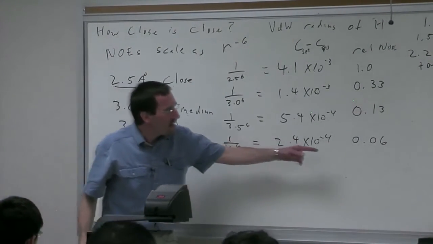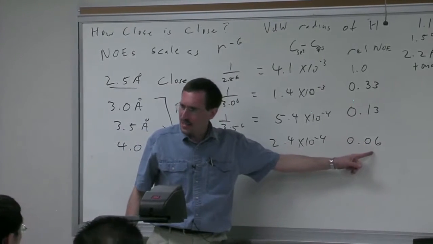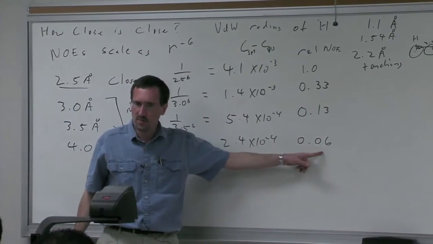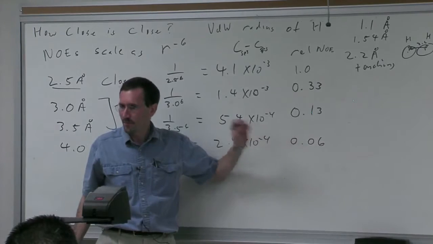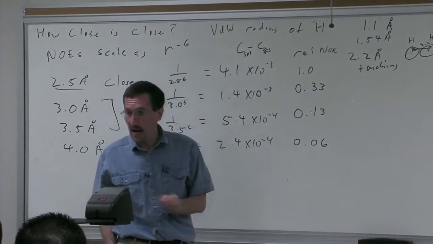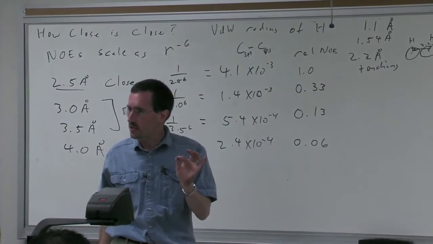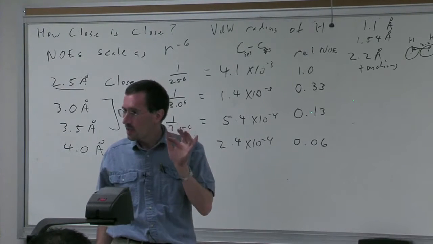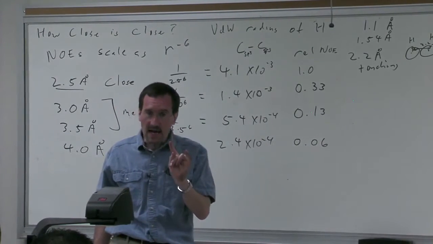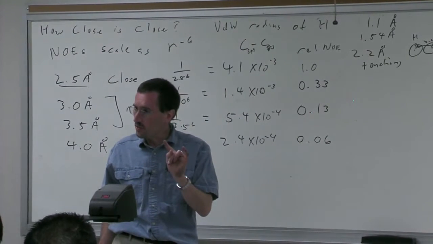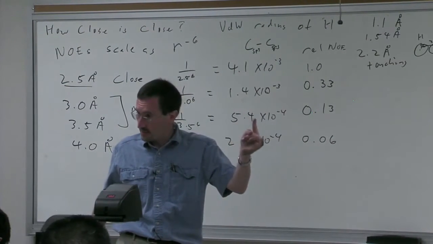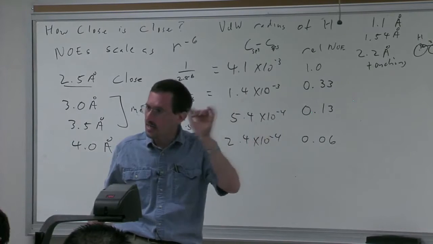Well, you might still get a teeny tiny NOE at 4 angstroms, but it's not going to be a really big NOE. But again, I wouldn't stake a stereochemical determination on seeing that.